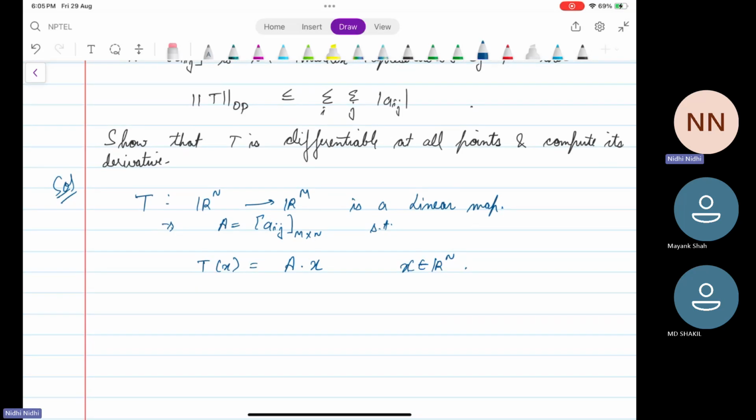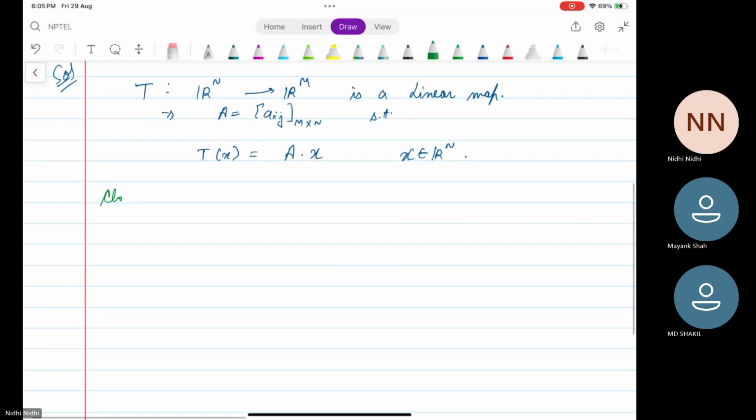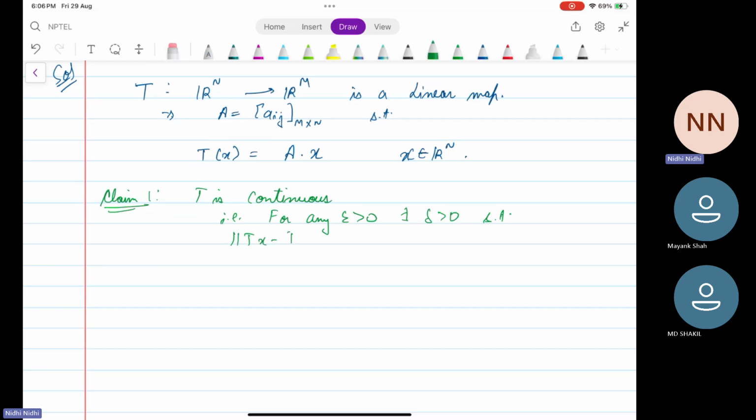Okay. So, firstly, we claim that this T is continuous. That is, for any epsilon positive, there exists a delta positive such that the norm of Tx minus Tx naught is less than epsilon whenever the norm of x minus x naught is less than delta.